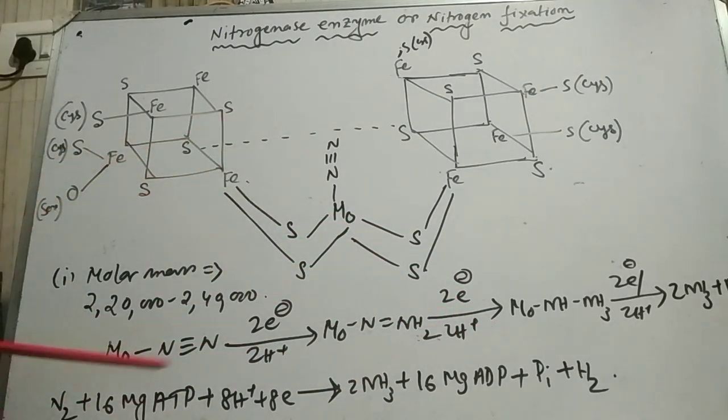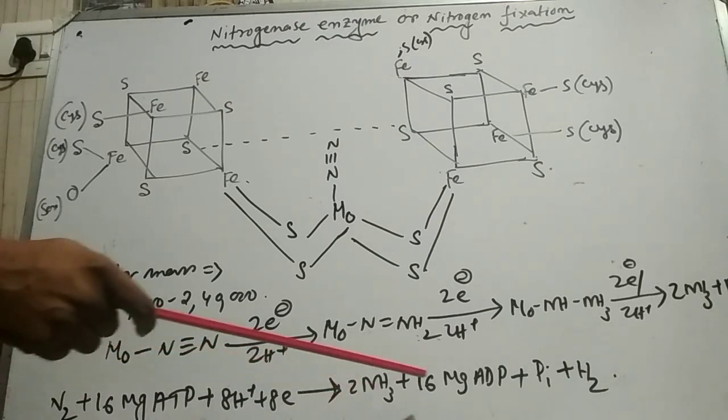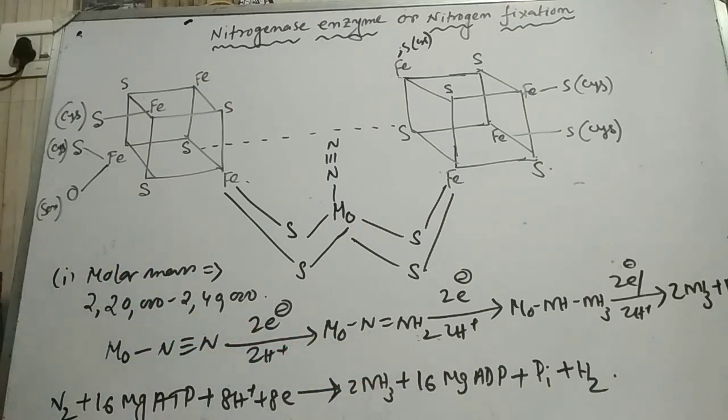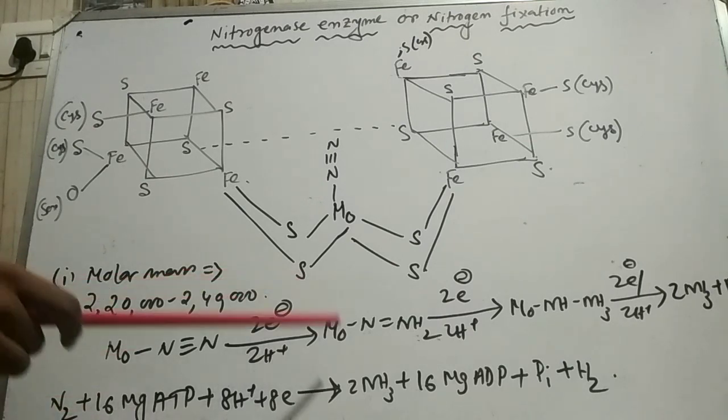The equation is: nitrogen plus 16 MgATP plus 8 H+ plus 8 electrons gives NH3 plus 16 MgADP plus phosphate plus hydrogen. Here the electrons are required for the conversion of nitrogen to ammonia.